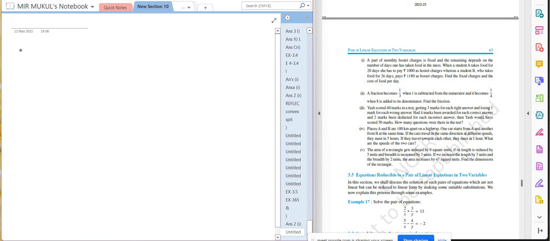Answer 4. First question. A part of monthly hostel charges is fixed and the remaining depends on the number of days one has taken food in the mess.